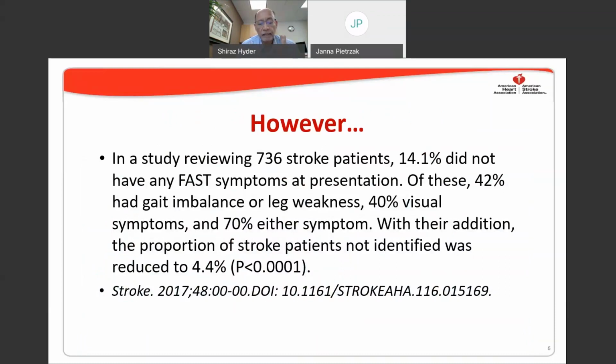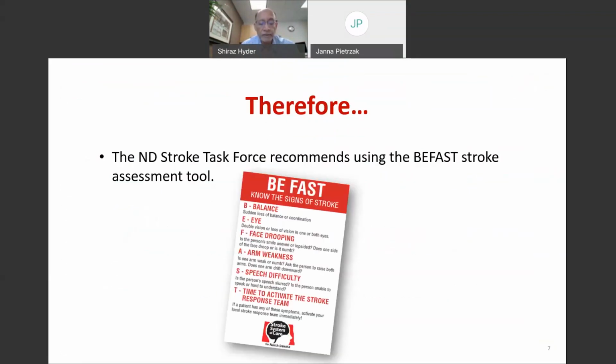They may have had leg weakness or balance issues or a visual disturbance such as double vision or loss of vision. So in order to capture those 14 or 15% of patients that were being missed by the FAST screen, BFAST or BE-FAST acronym has been created.